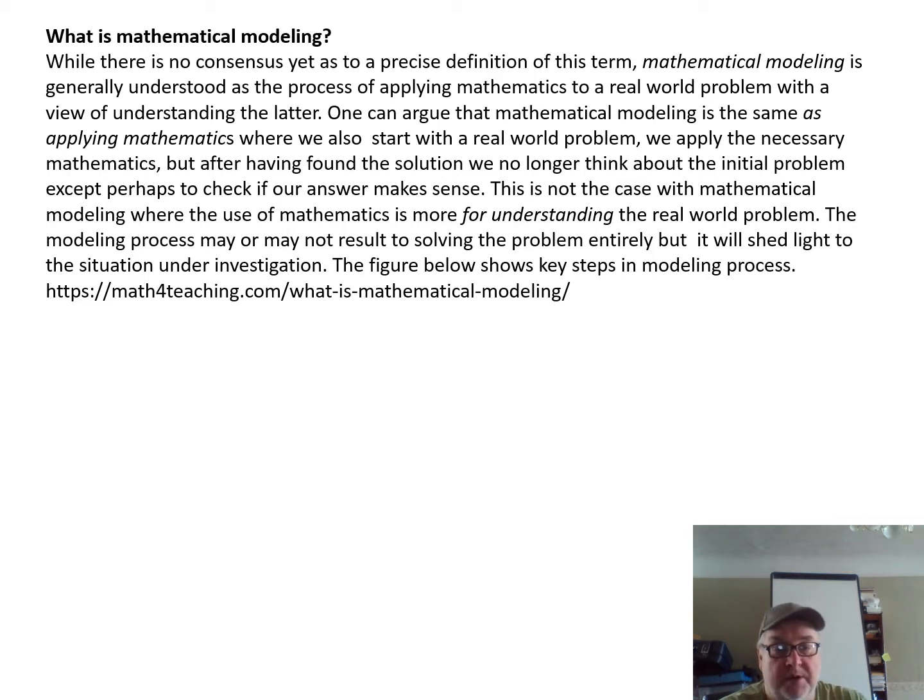We apply the necessary mathematics, but after having found the solution, we no longer think about the initial problem except perhaps to check if our answer makes sense. So this is mathematical modelling, applying mathematics to a problem and coming up with a solution.